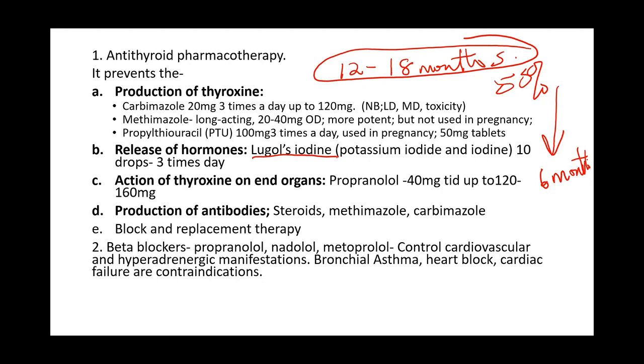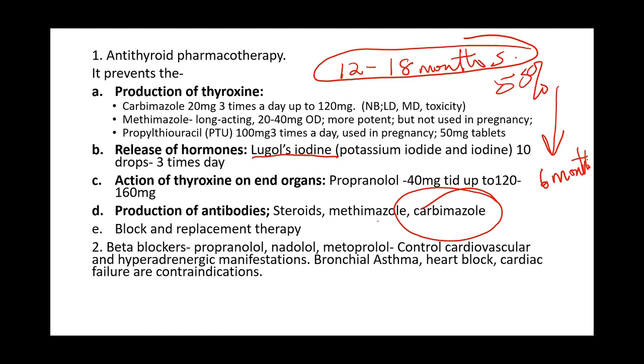For drugs that prevent production of antibodies in patients with autoimmune thyroid conditions like Hashimoto's thyroiditis, you can give steroids. Another advantage of carbimazole is that it also stabilizes the autoimmune antibodies.